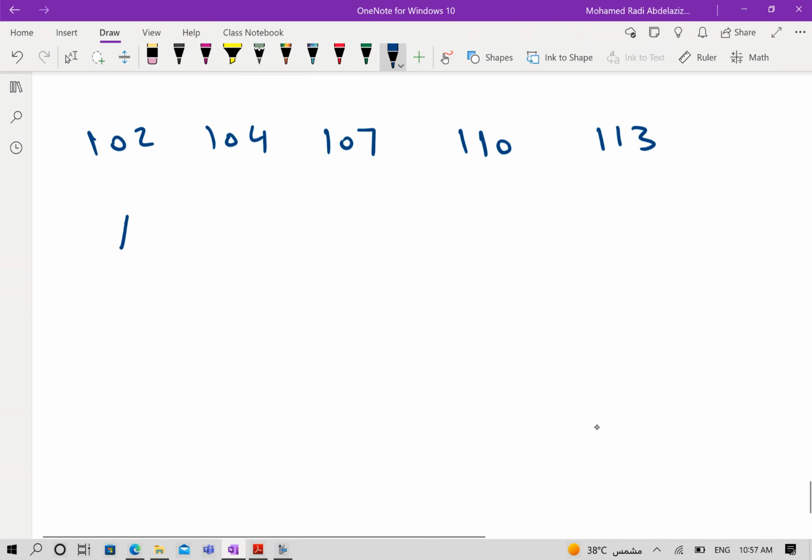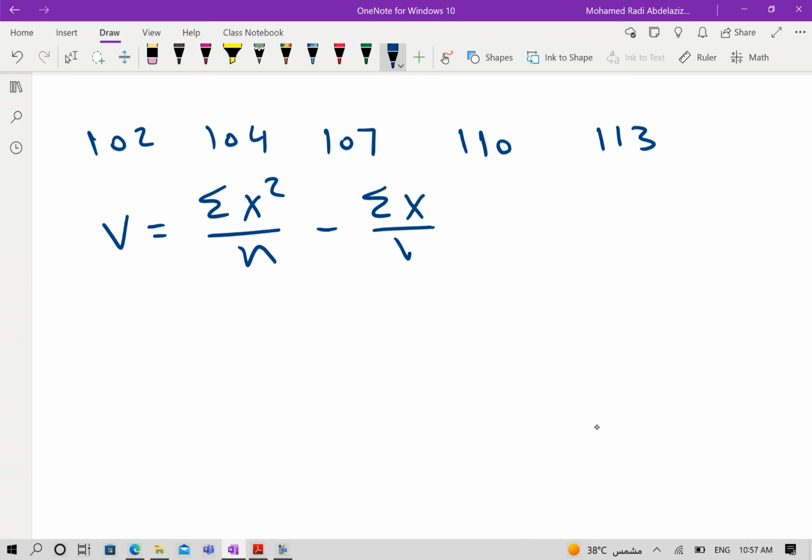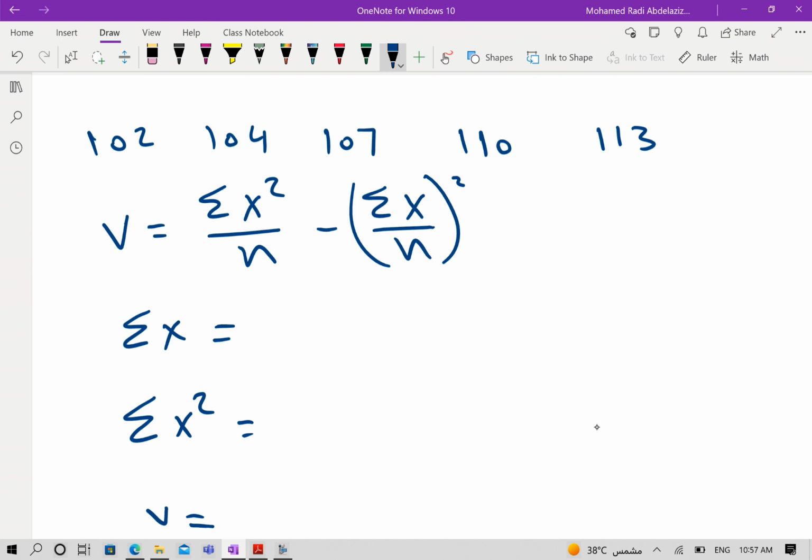To calculate the variance, the summation of x squared over n minus summation of x over n the whole squared. Find sum of x, find sum of x squared, then we'll get the variance and the square root of the variance, standard deviation. Sum of x done before, 102, 104, 107, 110, 113.